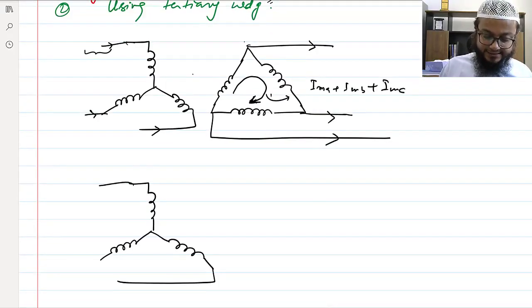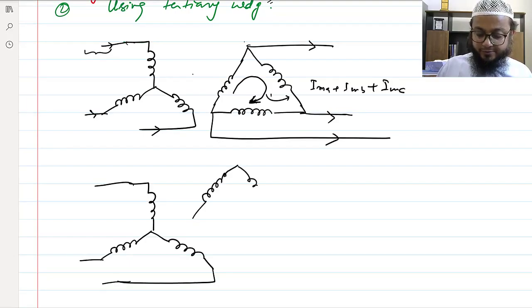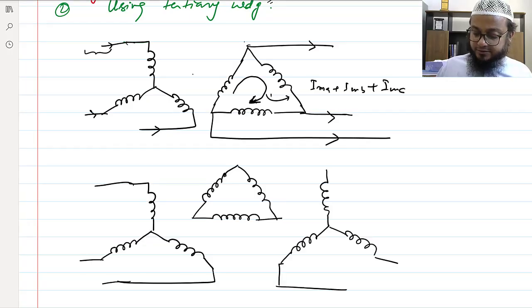So star-star, and another tertiary winding is used, which is not the power winding, rather a simpler winding, which can handle the circulating current because of the harmonics, as well as the unbalanced current caused by the unbalanced load.